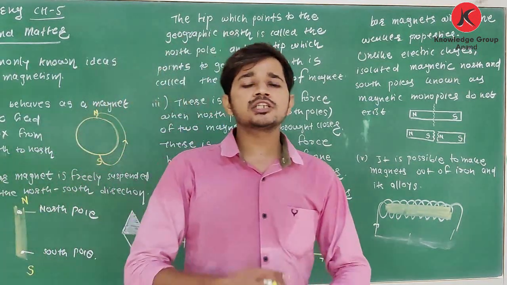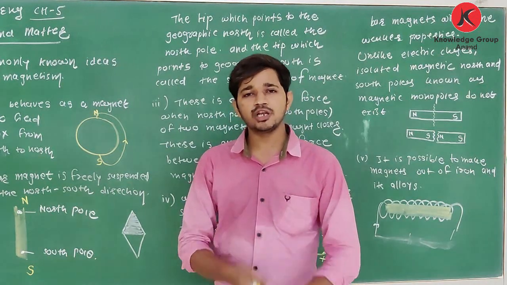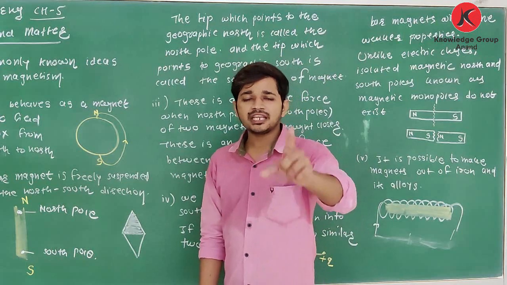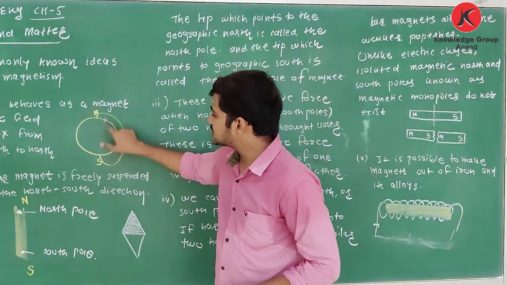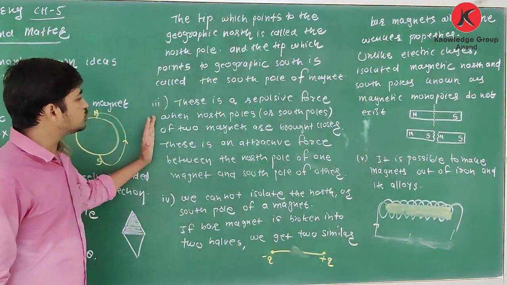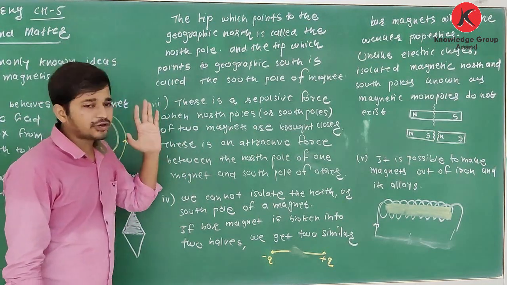First point, Earth behaves as a magnet, with magnetic field lines from geographical south to geographical north. Second, if a bar magnet is suspended freely, it will always align in the north-south direction because the magnetic field of Earth is in the north-south direction. Third, between two like charges there is repulsive force, between two unlike charges there is attractive force.